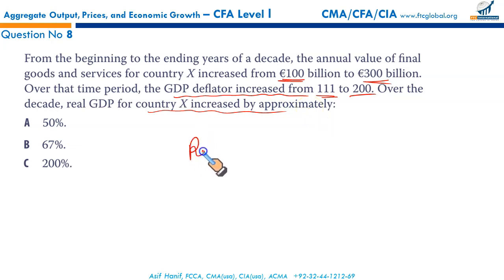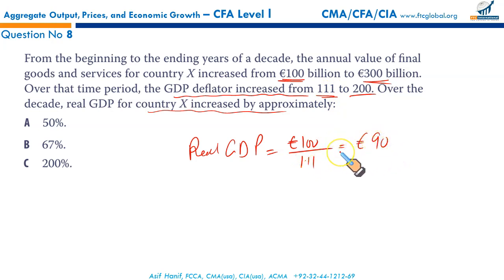Real GDP a decade ago was 100 billion euros, and the GDP deflator then was 111%, which is 1.11. That makes real GDP 90 billion euros then, and a decade later the real GDP is 300 billion euros, at the time when the GDP deflator is 200%, that's 2, so that's 150.